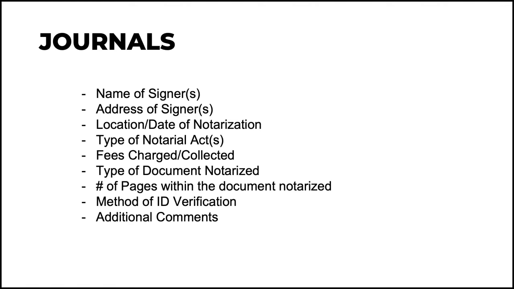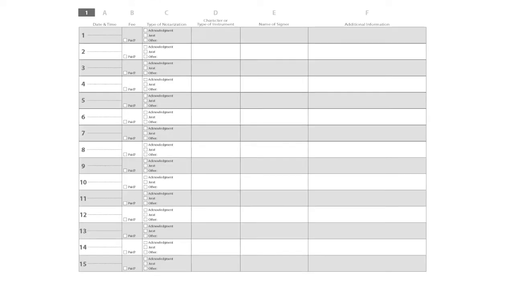But looking at this list of requirements, would this journal be able to satisfy those requirements? Would it suffice for someone in California that needs to have a thumbprint in their journal? Would this journal work for them? It could. Technically they could put their thumbprint in the additional information area, and as long as you're consistent with it, it should hold up pretty well.